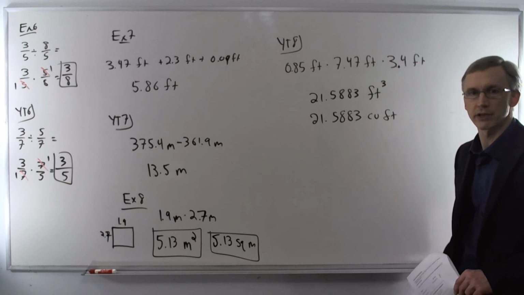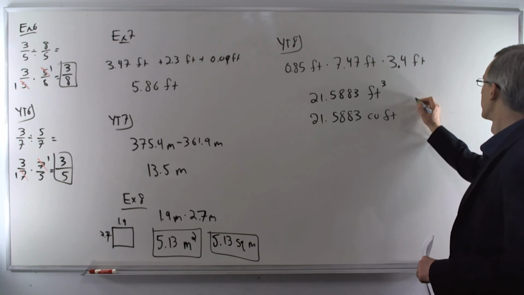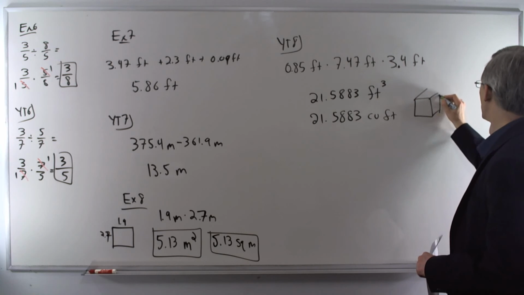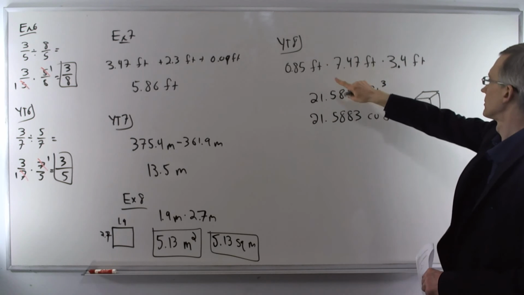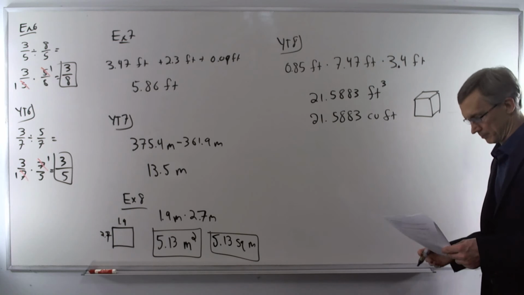Anything to the third power is cubed. So cubic feet. And so we've gone from one dimension, multiply them out 3 ways, and we get 3 dimensions.